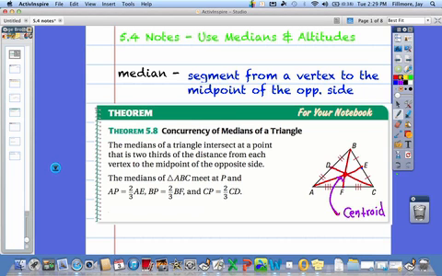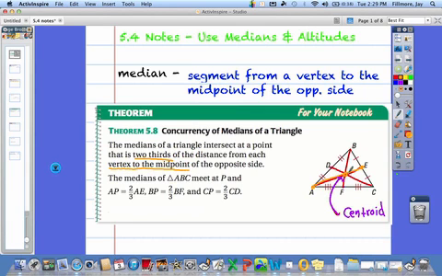Now, with the centroid, there are some special properties involved. Theorem 5.8 talks about the medians and how they intersect at the centroid. The medians of a triangle, as it says, intersect at a point that is 2/3 of the distance from each vertex to the midpoint of the opposite side. So let's say we're taking this first median here.